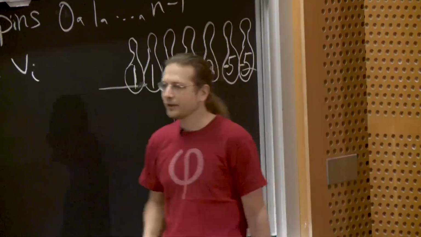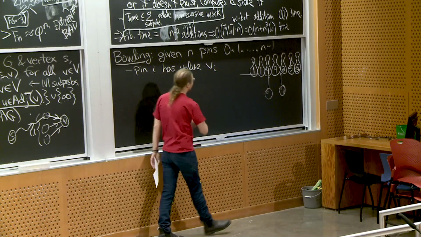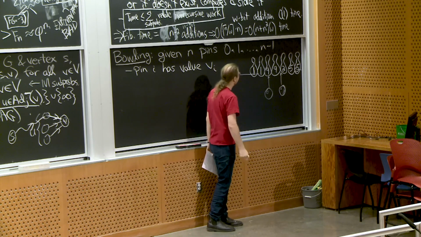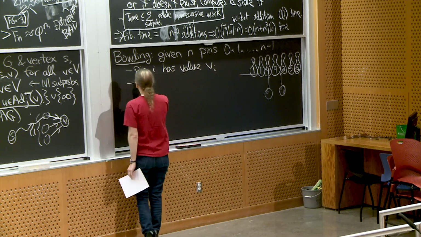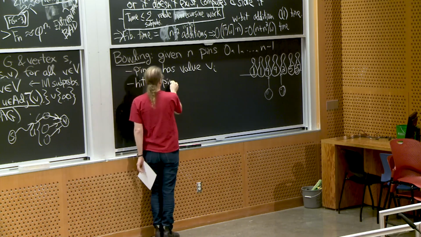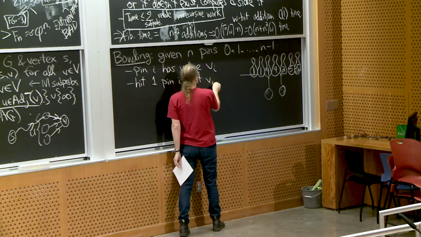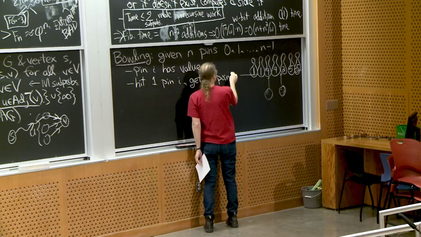OK, and the model, so you're at the carnival bowling. Each pin has potentially different values. And the model is if you hit 1 pin, i, then you get v_i points. So that's straightforward.